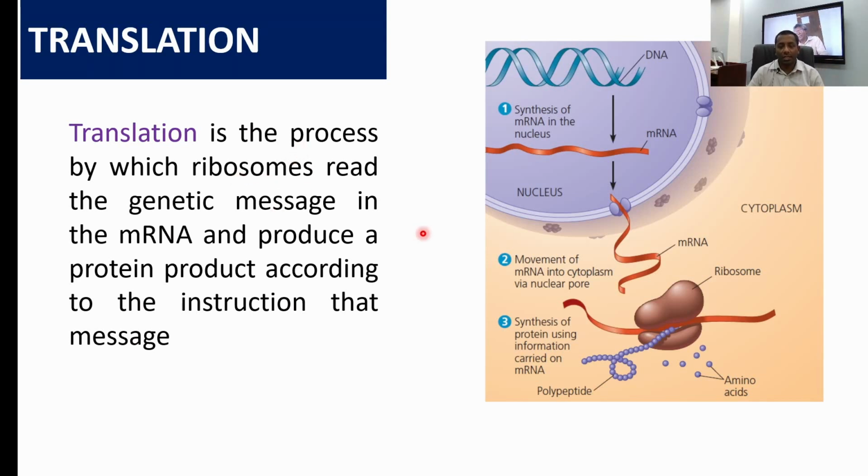Translation is actually the third stage of protein synthesis, where ribosomes read the genetic message in these mRNA molecules and use that message to code for proteins or polypeptide chains.